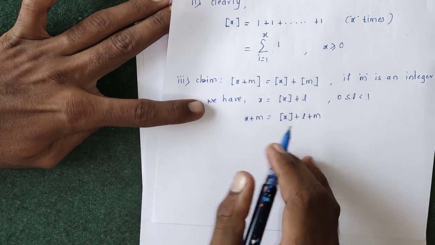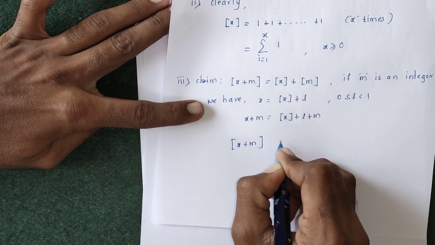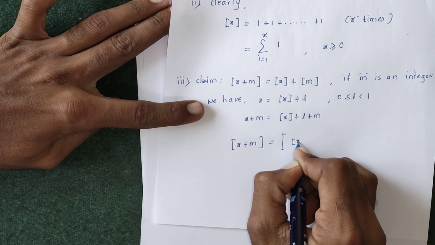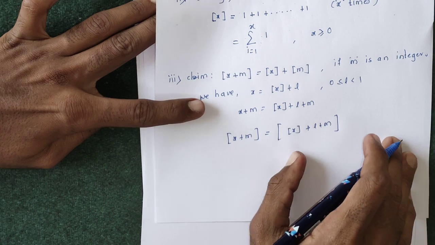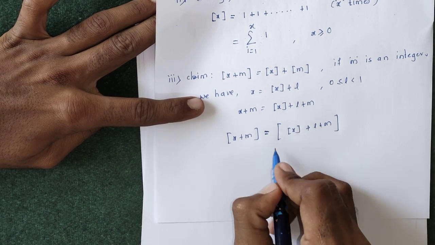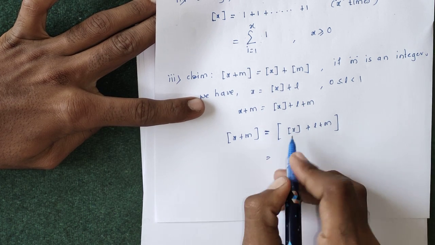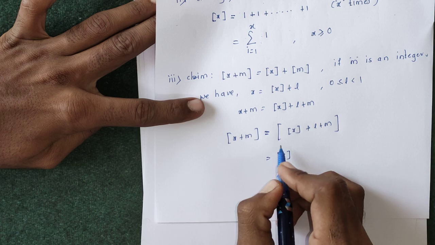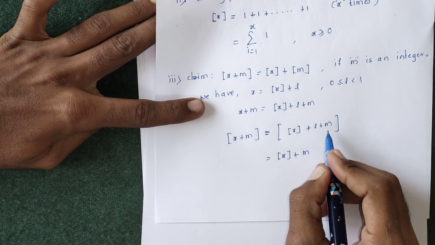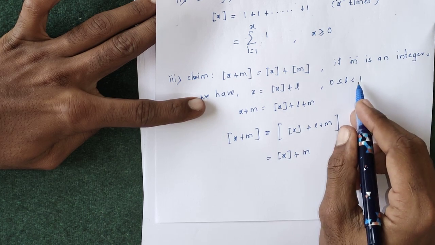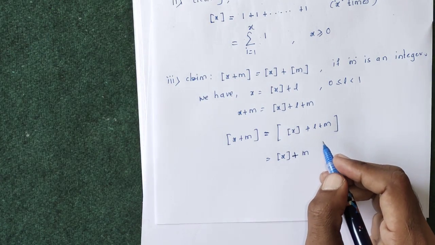Now we are going to take the integral part of both sides, that is integral part of x plus m is equal to integral part of this integral part of x plus L plus m. So we can write this as integral part of x, that is, integral part of x is an integer. So its integral part is again integral part of x. Now m is also an integer. So integral part of m is m, and L is in between 0 and 1. So integral part of that L is 0. So it will become integral part of x plus m.